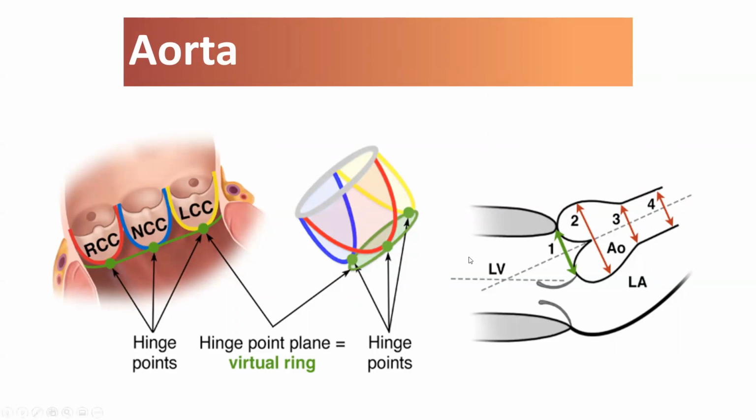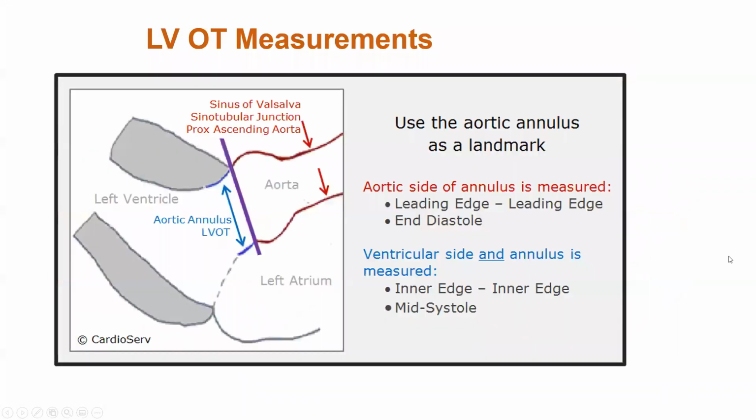going to be different. For the purposes of this talk, we have annular measurements. We have measurements made at the so-called aortic root or the sinuses of Valsalva, the sinotubular junction, and the ascending aorta.